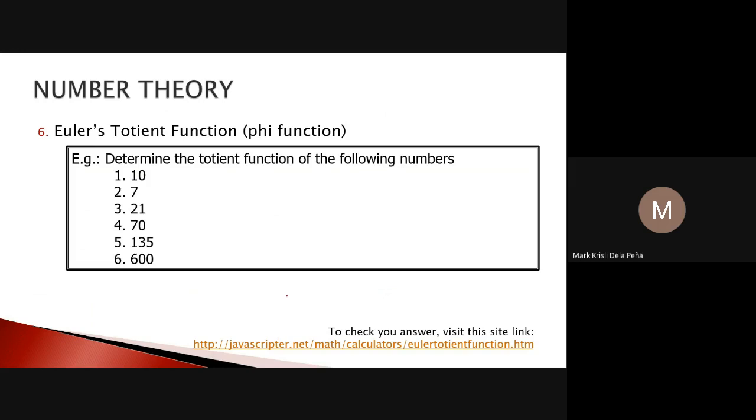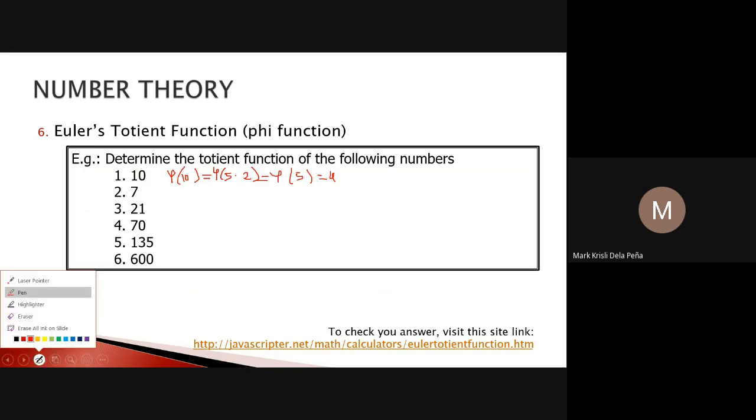So that's it. You have already solved the phi function of 10 and 7. So that's phi function of 5 times 2, which is equal to the phi function of 5 multiplied by the phi function of 2.